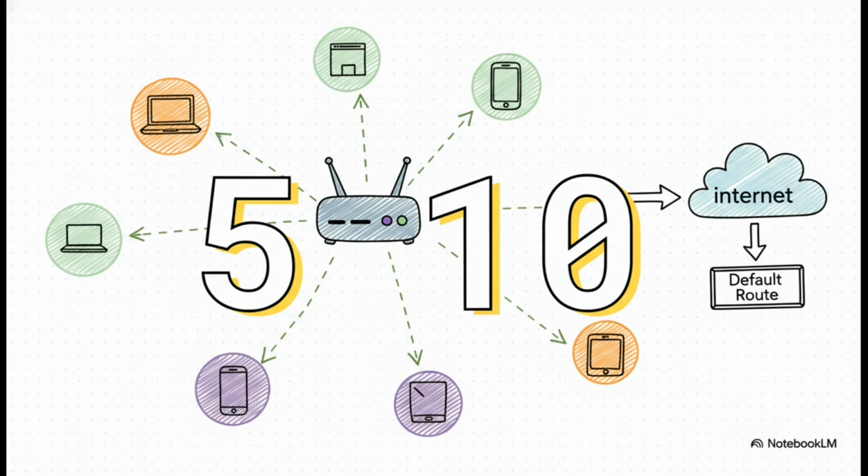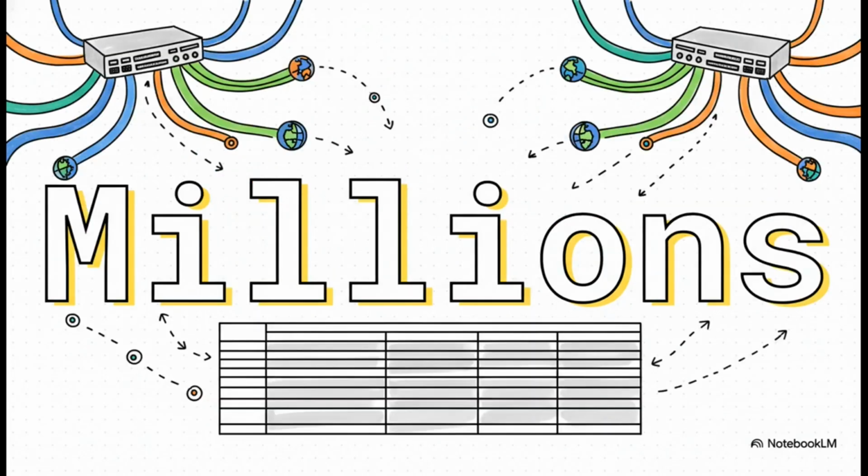It just needs to know about your laptop, your phone, and where to send everything else. That's it. Super simple. But now, let's zoom way out. Let's look at a core internet router, one of those massive beasts that connects entire continents. Its routing table doesn't have 10 rows. It has millions of known networks, each one with its own little entry in that simple 4-column map.